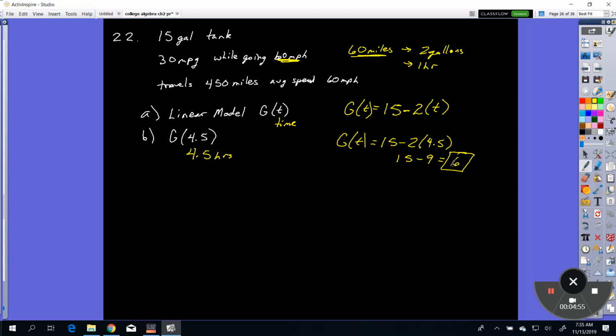I have 6 gallons left. This 450 miles doesn't really mean anything other than that's how far we are going. If you wanted to say how many hours that took, you'd go 450 divided by 60, which would be 7.5. And then you could figure out the number of gallons you'd have left after going that far. Anyways, that could be a follow-up on that problem on a test or something.